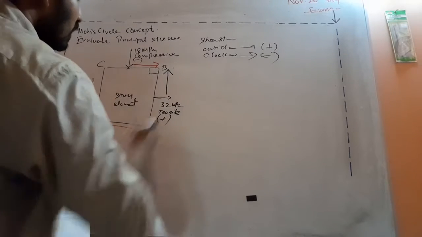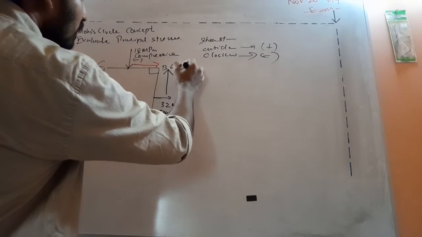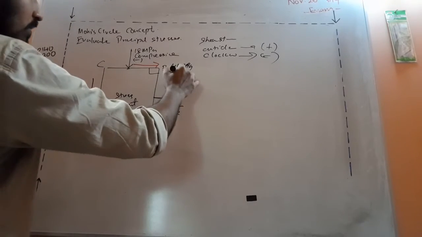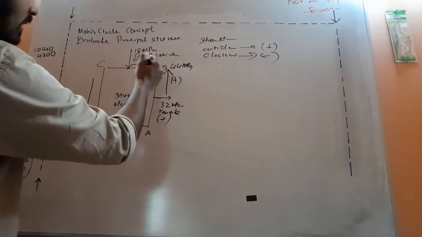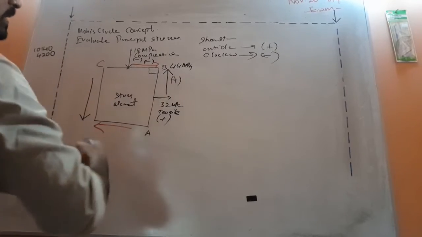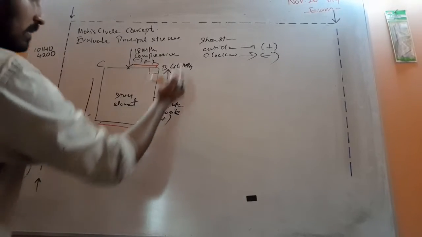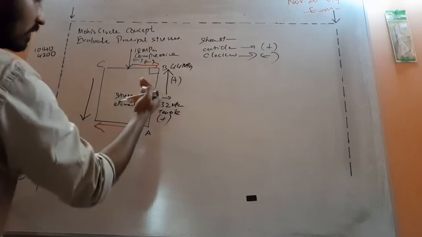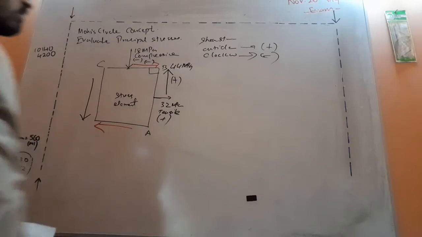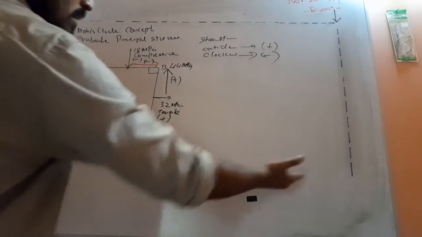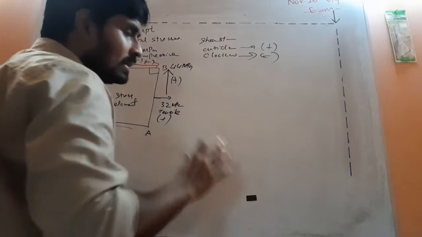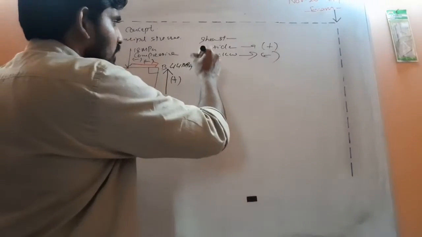This you already know, 44 megapascal. Shear stress is positive for this side and negative for this side. For side AB, anticlockwise, positive shear stress. For side BC, clockwise, negative shear stress. Now here we will construct our Mohr circle. It's very easy. These things are not hard.